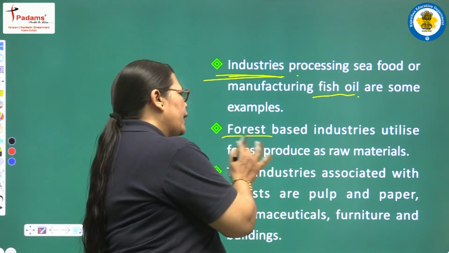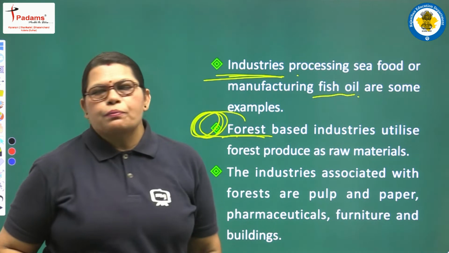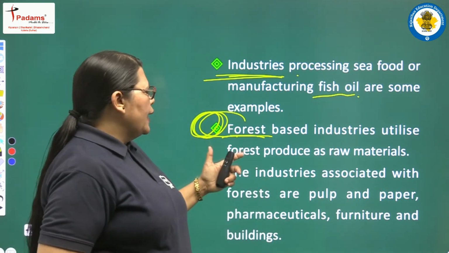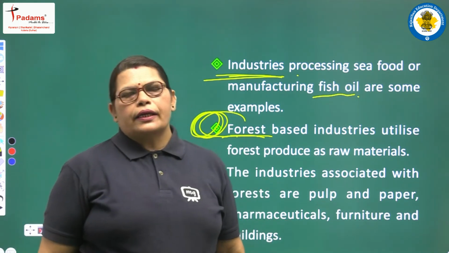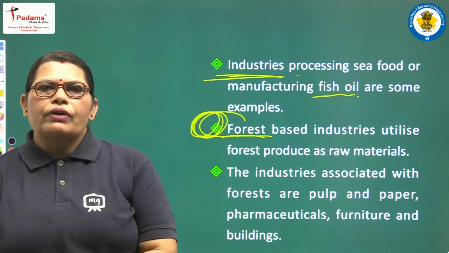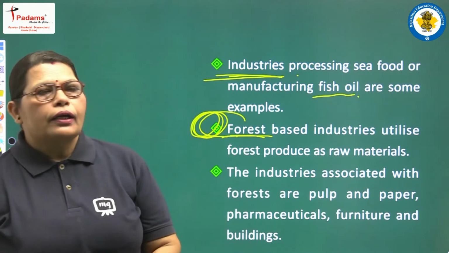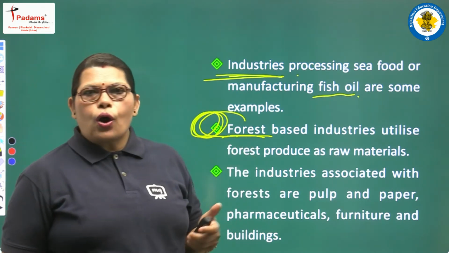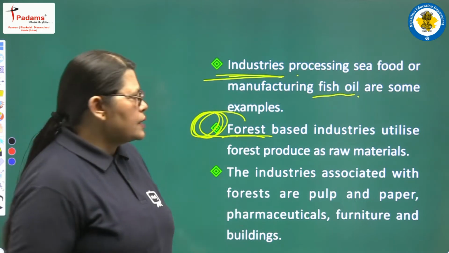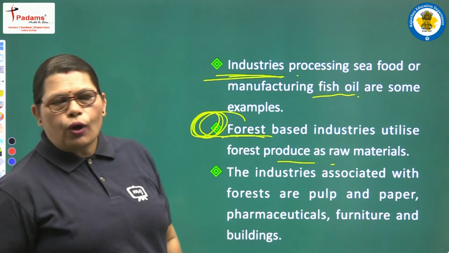See, when we are talking about the forest based industries, forest based industries utilize forest produce as their raw materials, and many things we are covering in our different chapters in history as well as geography about the forest laws and the raw materials used in forest produce.